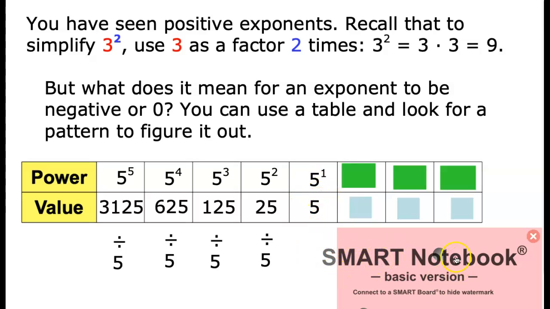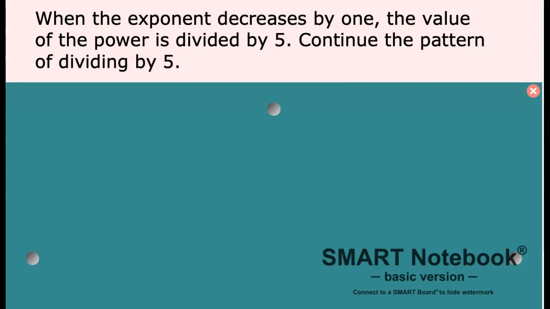But what happens if we have 5 to the 0 power, or 5 to the negative 1st power, or 5 to the negative 2nd power? We're going to continue this pattern. Each time the exponent decreases by 1, the value of the power is divided by 5.